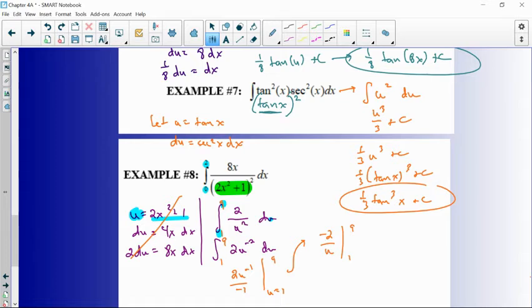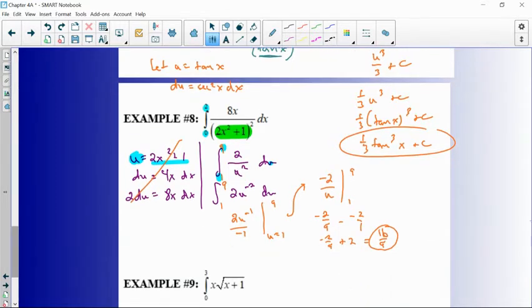Then remember, it's always f of b minus f of a, so it's negative 2 over 9 minus negative 2 over 1. It becomes a plus, so it's negative 2/9 plus 2. That could be 18/9 minus 2/9, which equals 16/9, or 1 7/9. And that's it. We don't have to go back and find x and substitute that back in for x, because we're not looking for the general function. We're looking for just the definite area.